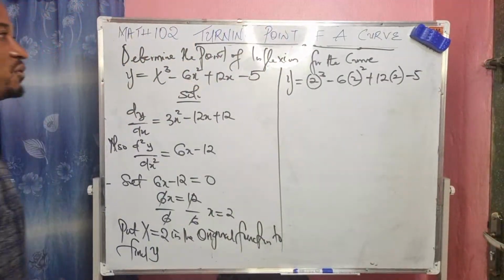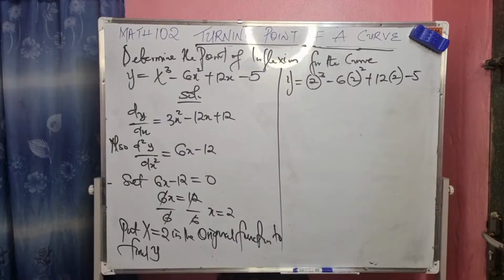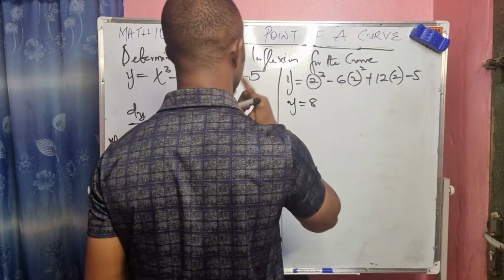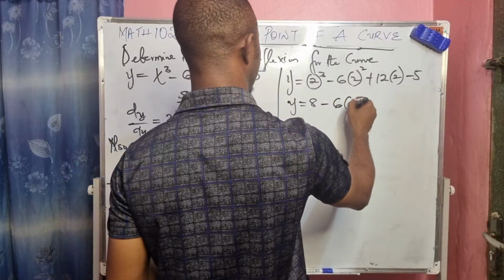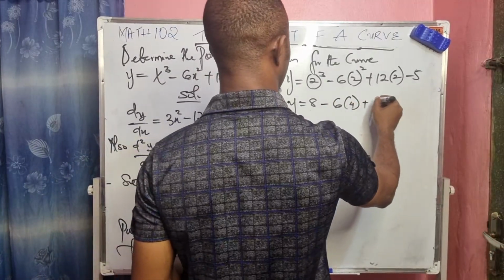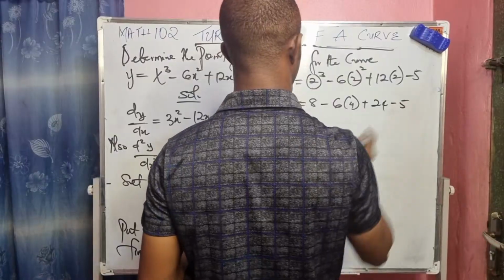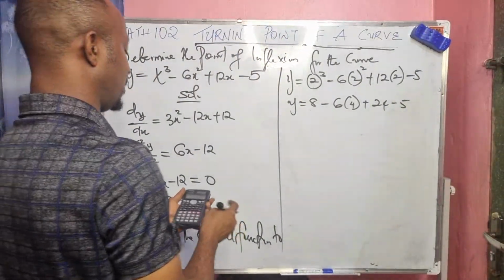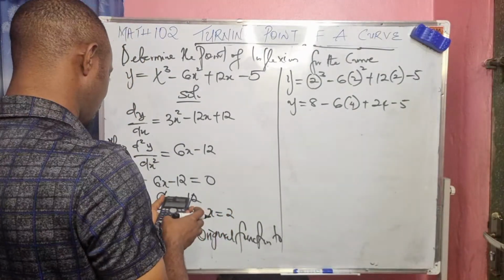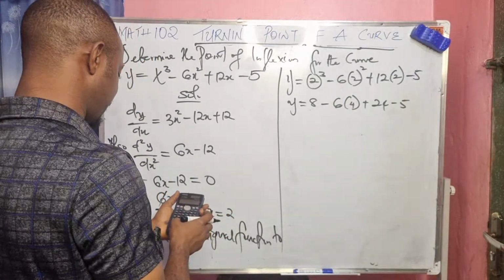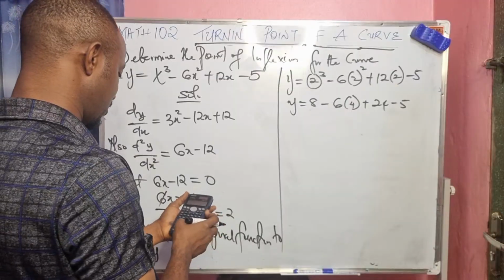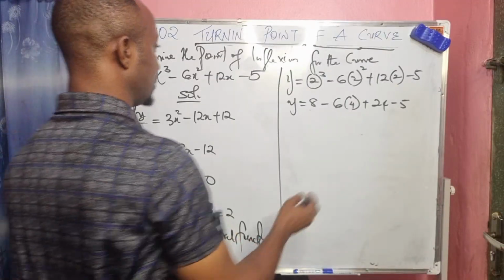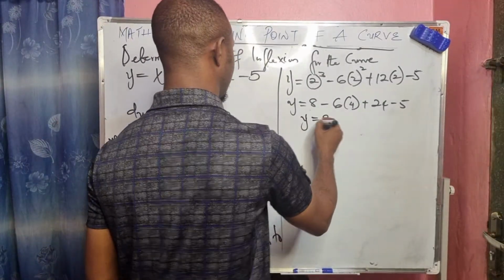So let's find the value of y. This will give us 8. We have y equals 8 minus 6 times 4 plus 24 minus 5. So we have 8 minus 24 plus 24 minus 5. So our y is equal to 3.